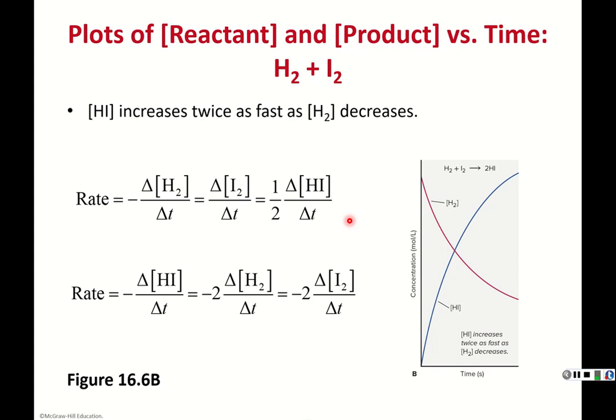And we can write that another way. Instead of saying 1/2 HI, you can say 2 times either H2 or I2.